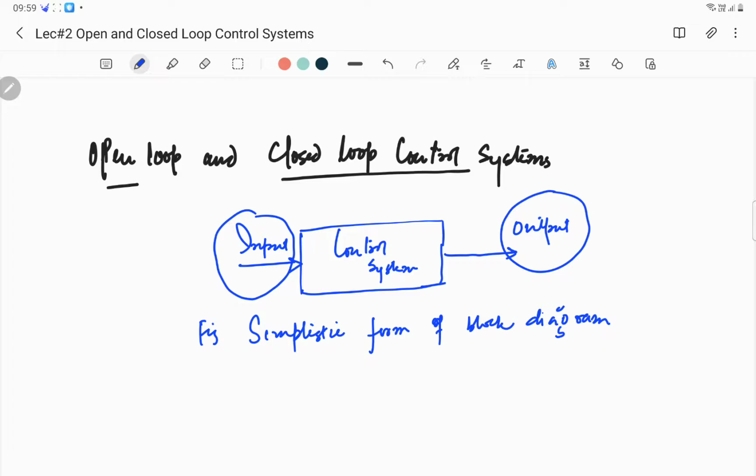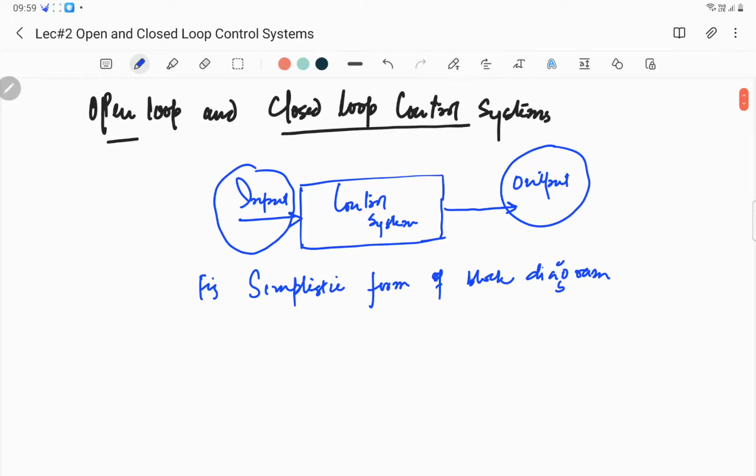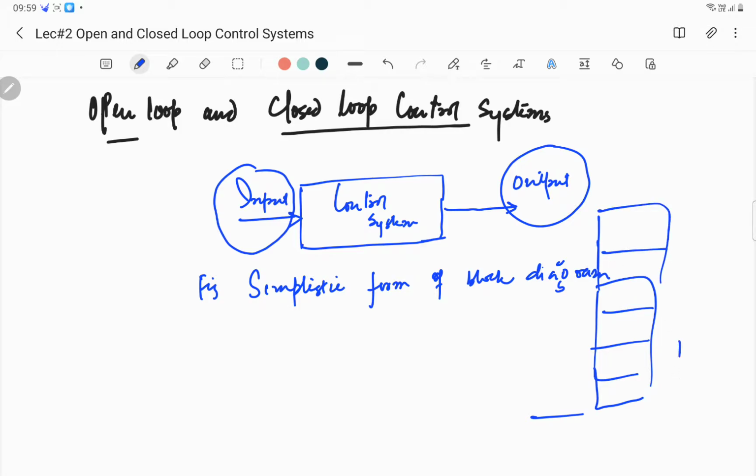For example, in the case of an elevator, if we wish to move from the ground floor of a tall building, say this is the ground floor, and this is first, second, third, fourth, and fifth. We want to reach the fifth floor, and this is the elevator.